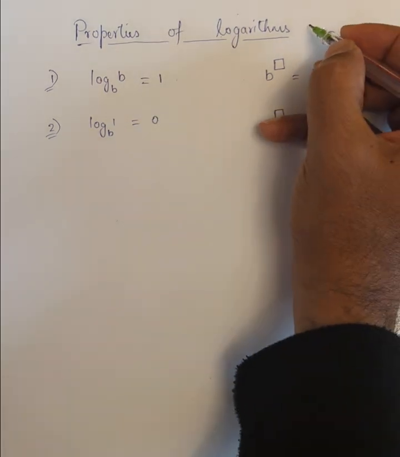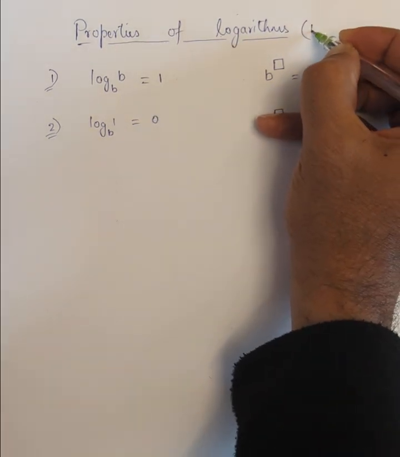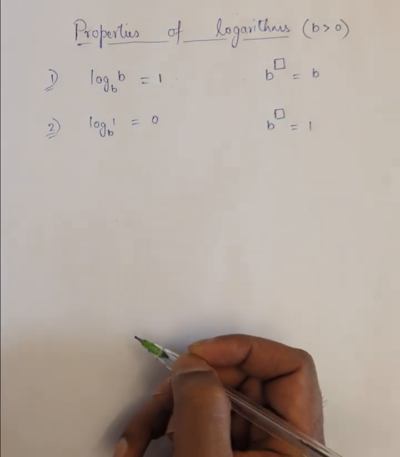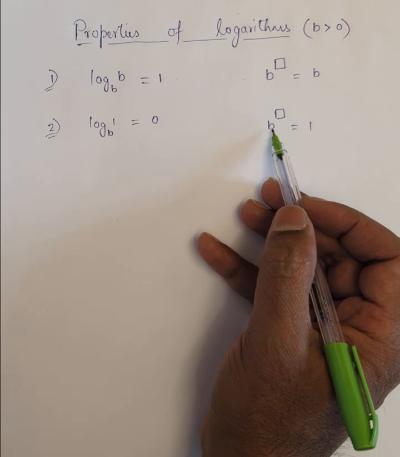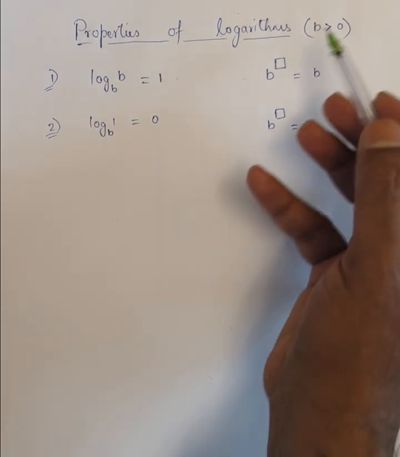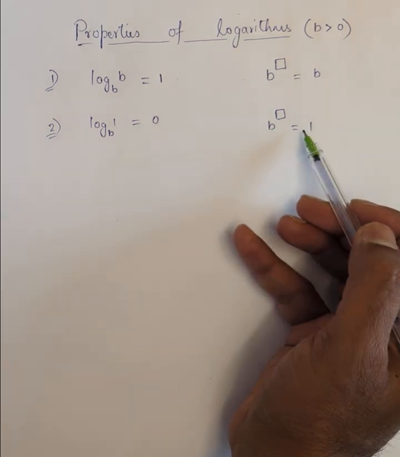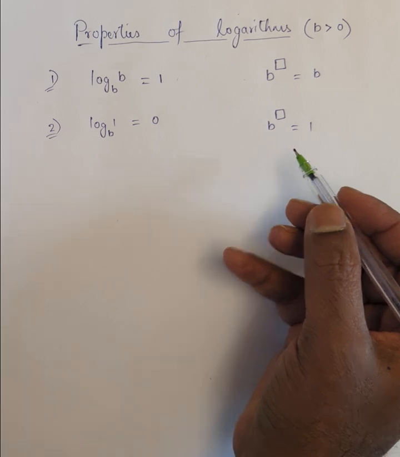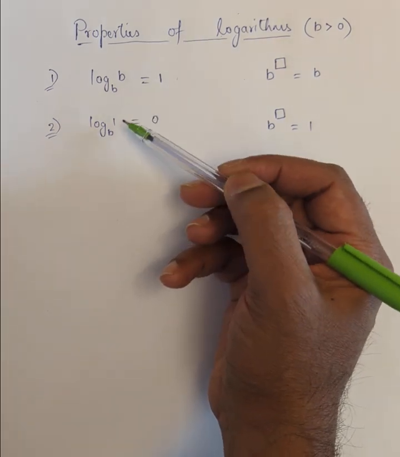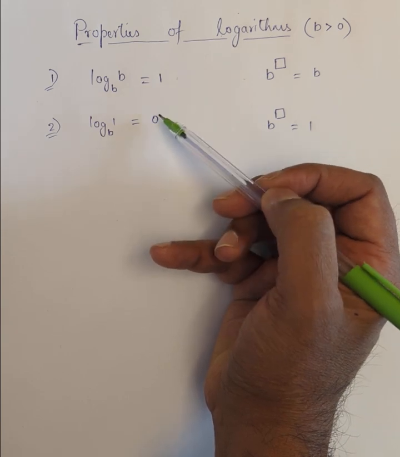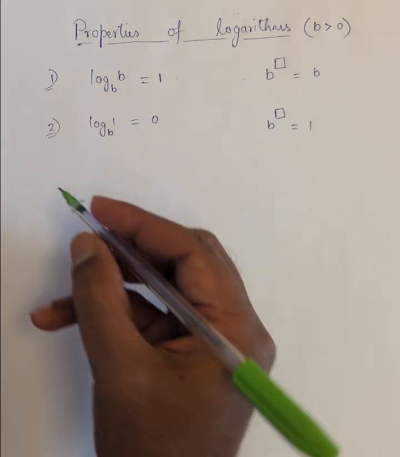And in all these examples, let us assume that b can never be 0 or b is positive. So if b was 0, then I can't say 0 power 0 is 1. But I know that b has to be positive. So positive number to the power 0 will be equal to 1. So there are these two properties which have numbers on the right side and you have a single logarithm.